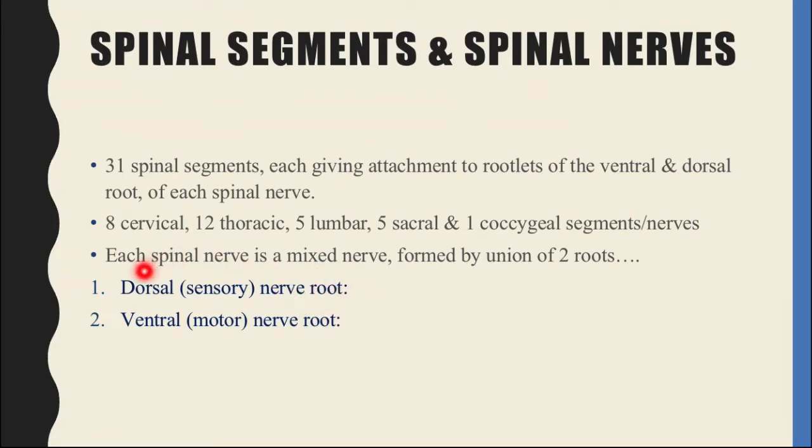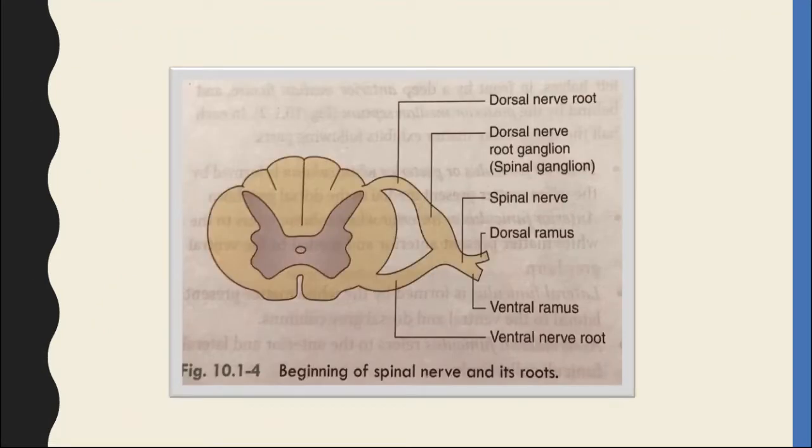So, a particular spinal nerve will have both sensory as well as motor components. That is why it is a mixed nerve. As you can see in this diagram, this is the dorsal nerve root and this is the ventral nerve root. Now, these ventral and dorsal nerve roots combine to form the spinal nerve, right.